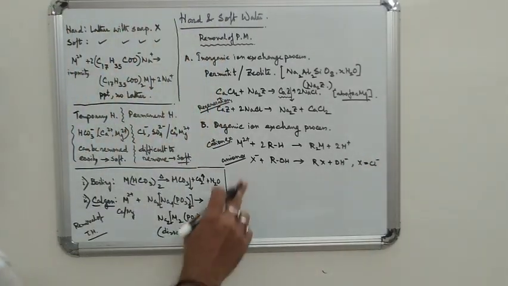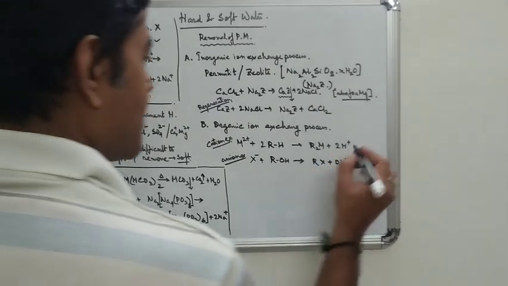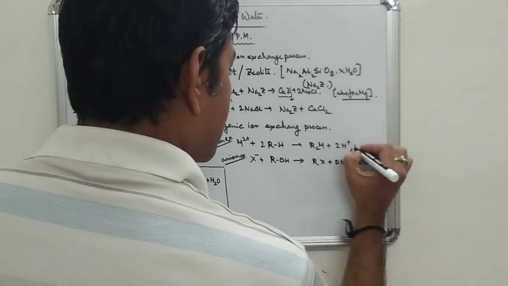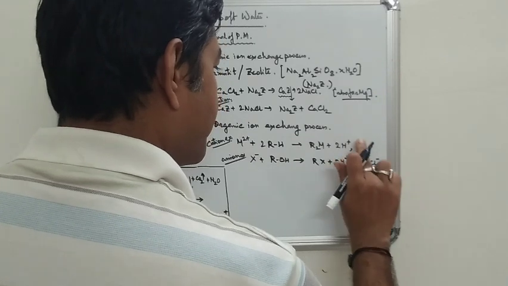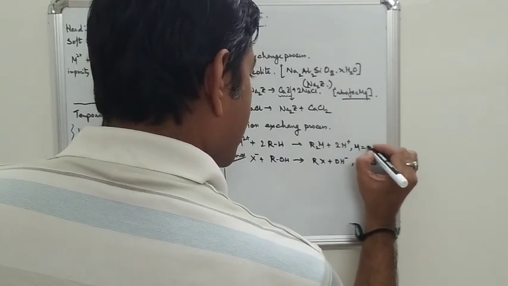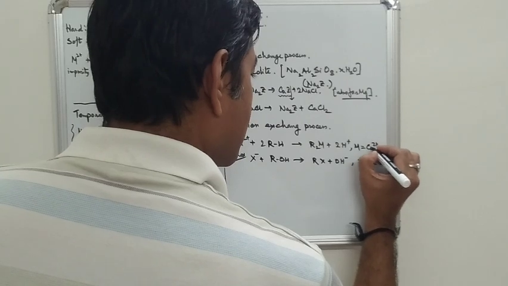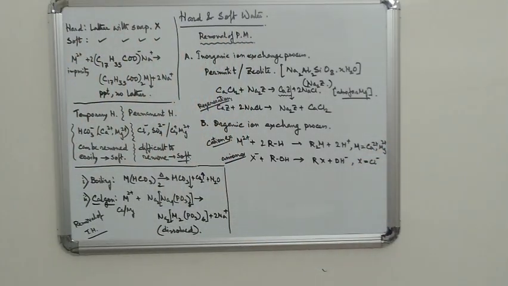If it is sulfate, then we will balance the reaction accordingly. And here M can be Ca2+, Mg2+, etc.